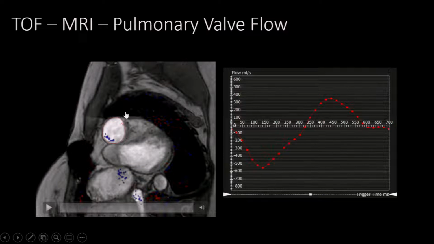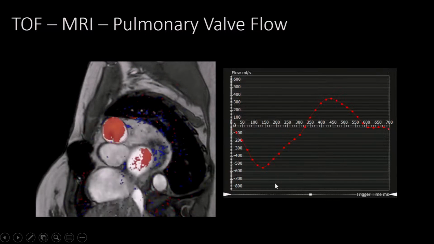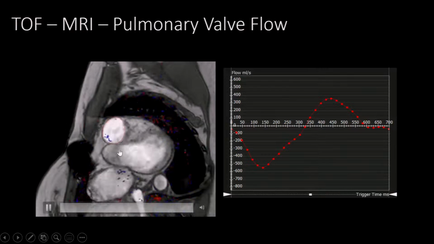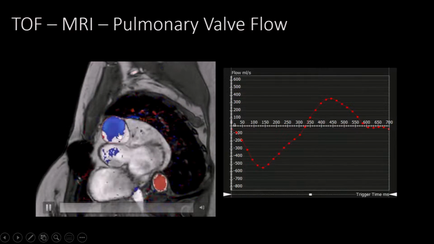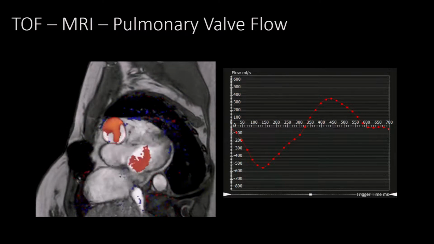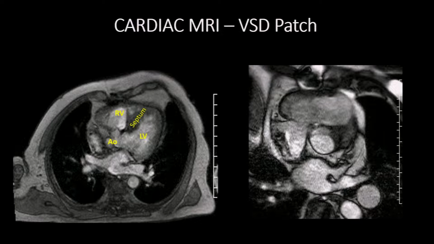We define a region of interest, and then we measure the flow through the cardiac cycle, and this is the pattern in severe PR. You see to and fro flow. And if you like color here, you can see also to and fro. Very clear. This is wide open pulmonary regurgitation that usually leads to right ventricular dilation.